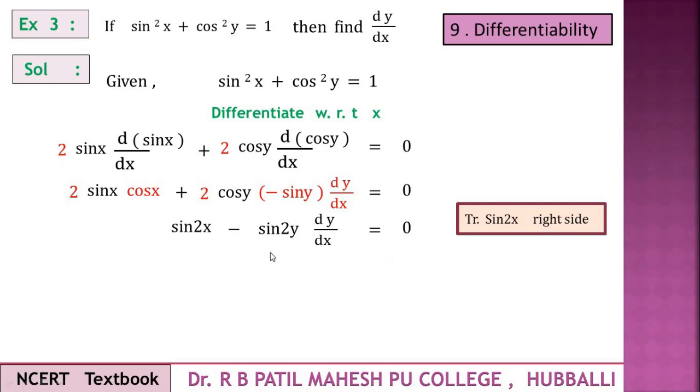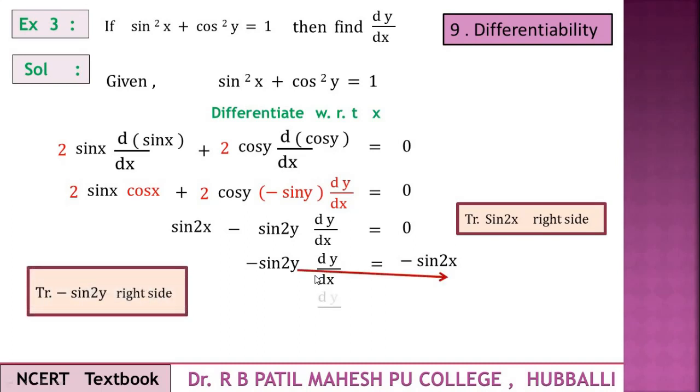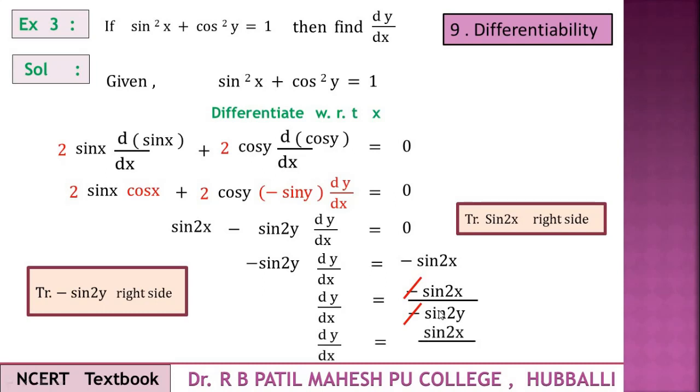Transfer this sin 2x to the right side, so it becomes minus sin 2x. Therefore dy by dx is equal to minus sin 2x divided by minus sin 2y, and negative negative cancel. So dy by dx is equal to sin 2x divided by sin 2y.